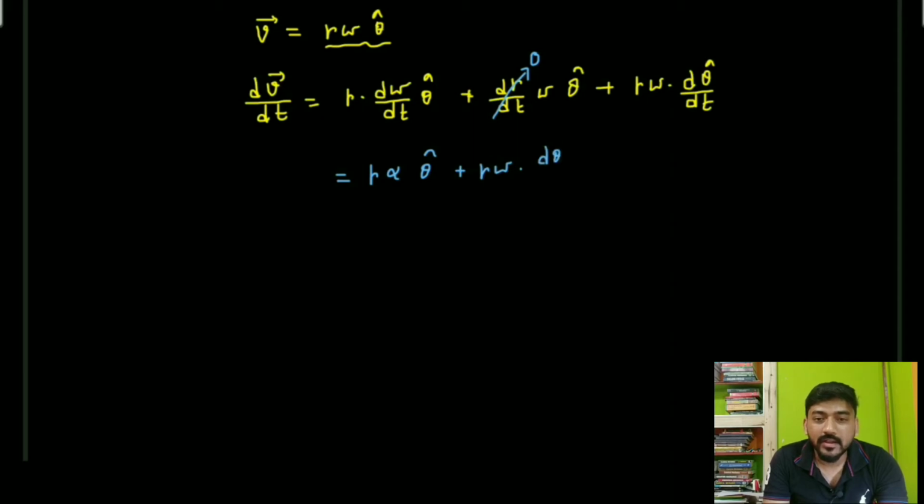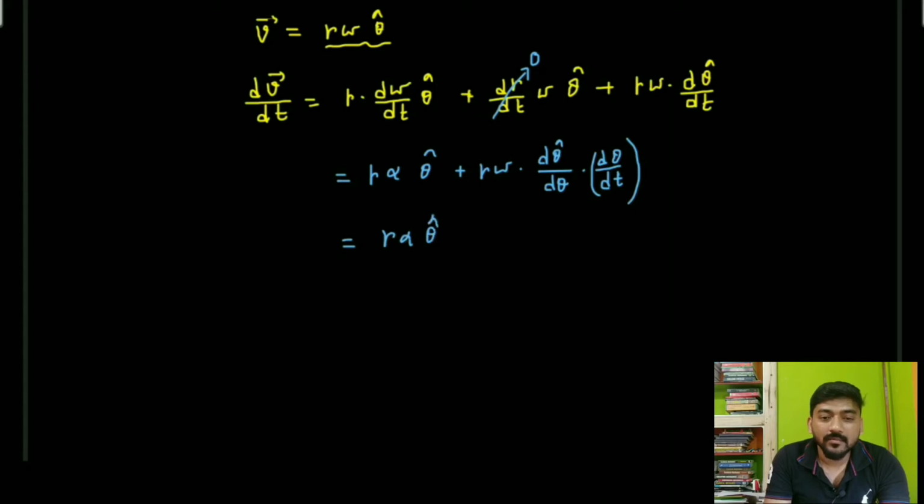You will get d theta cap by d theta into d theta by dt, with dt remaining the same.